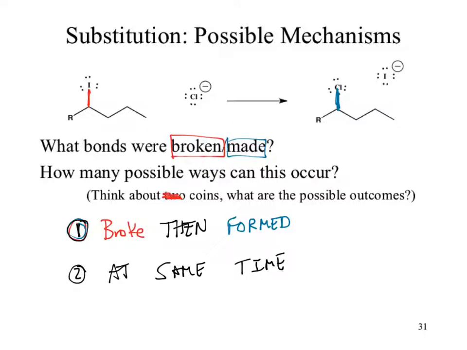Or, and you might be saying, well, that can't happen. I don't care if it can't happen yet. I want to address what are my possibles. Once I have the possibles, I can evaluate them. I could have formed and then broken.